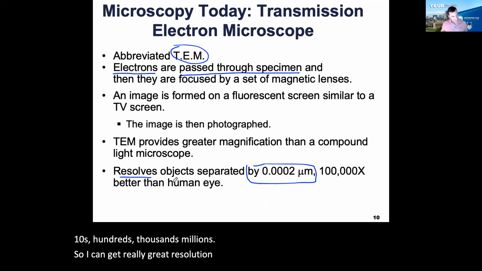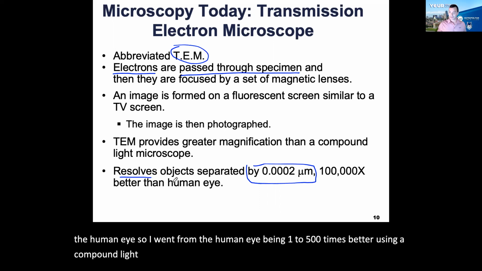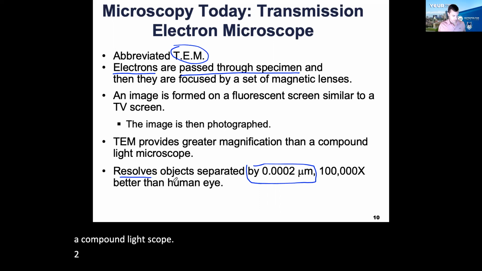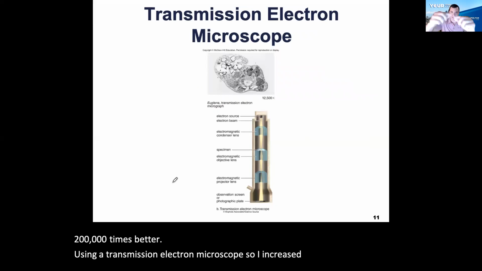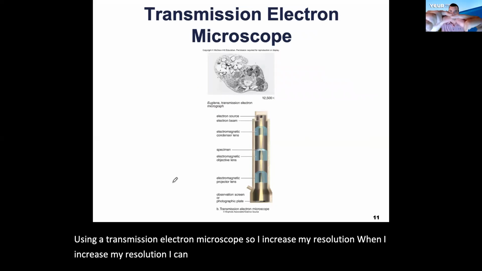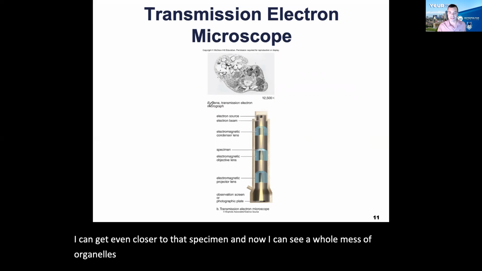This is about 100,000 times better than the human eye. So I went from the human eye being 1, to 500 times better using a compound light scope, to 100,000 times better using a transmission electron microscope. So I increase my resolution. When I increase my resolution, I can get even closer to that specimen. And now I can see a whole mess of organelles inside this little euglena.